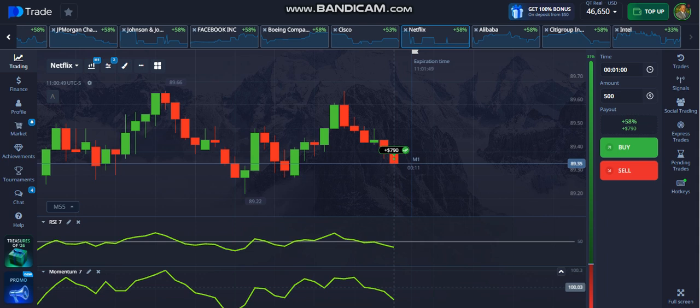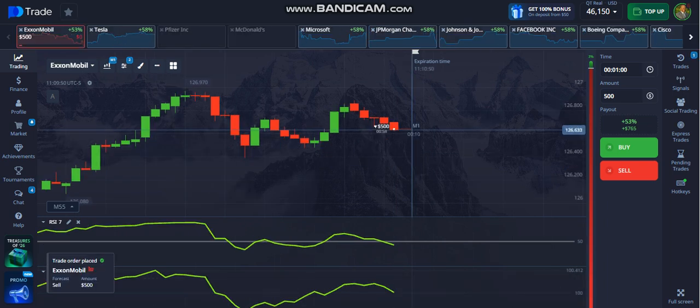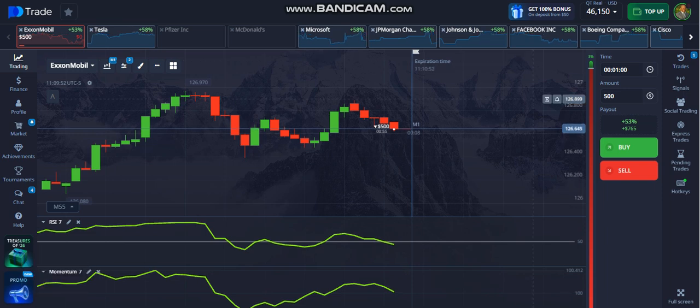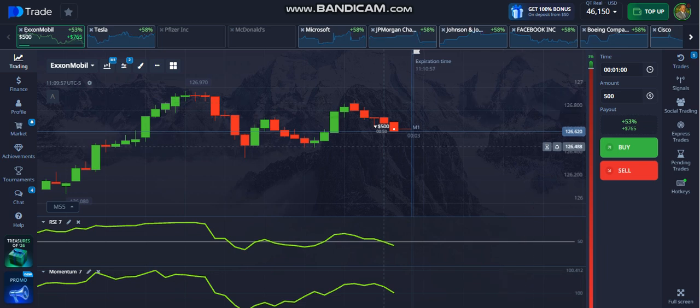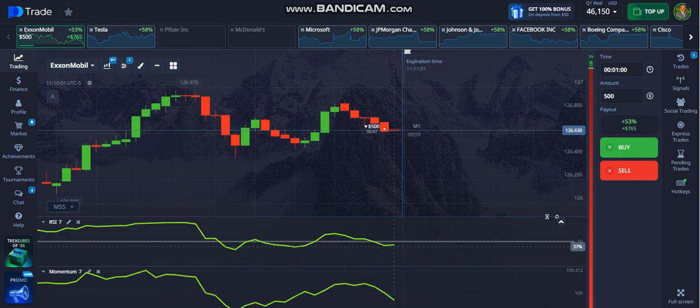Okay, great. So we won that trade as well. Let me pause the video and look for the next setup. Okay, so I'm on Exxon Mobil and I just took a sell trade, a put trade here on the stock. And the reason why I took the put trade is the RSI line showing a cross from above the 50 line to below the 50 line here.